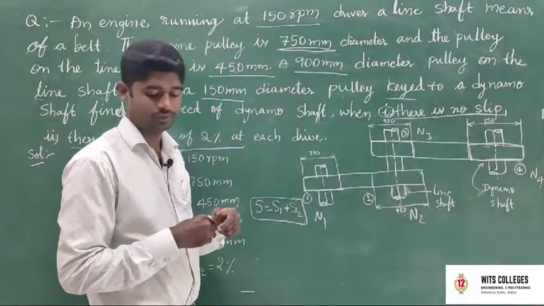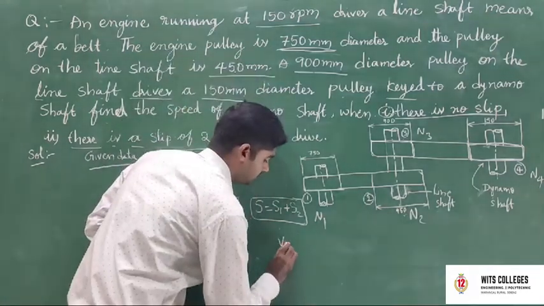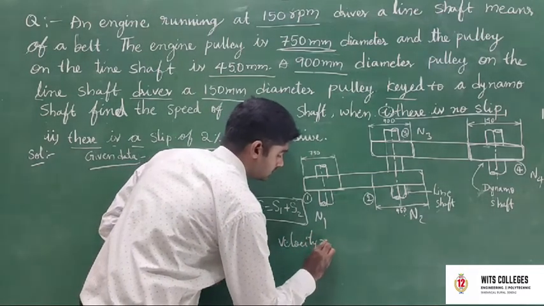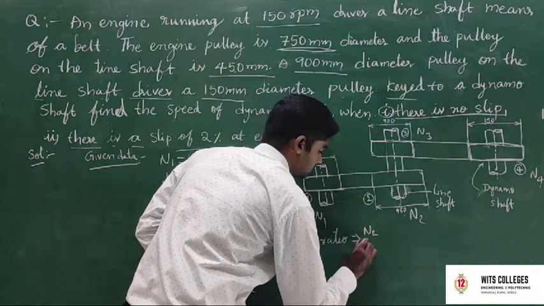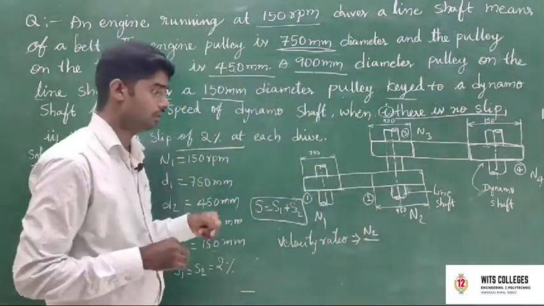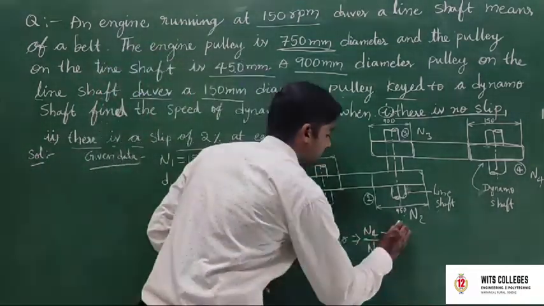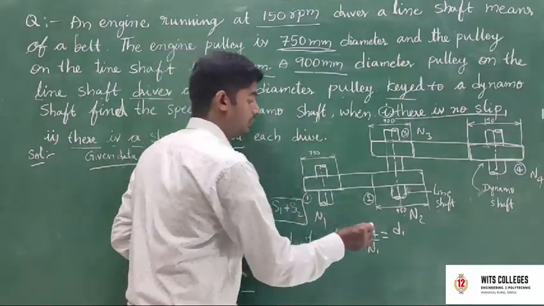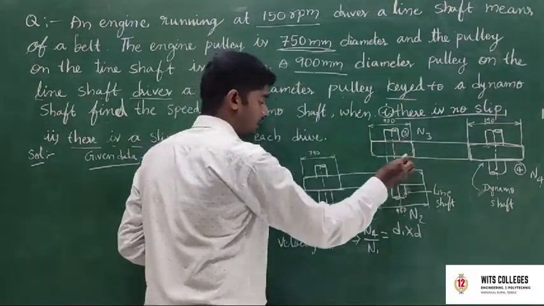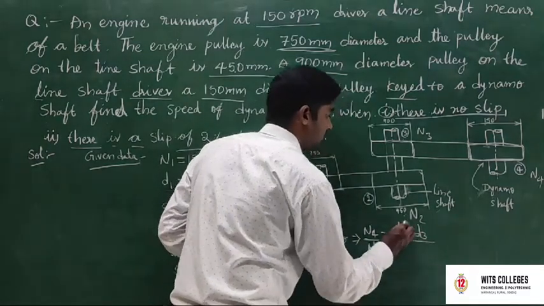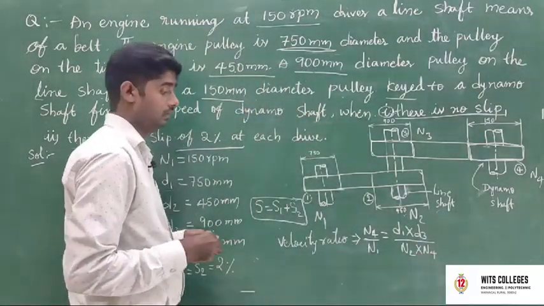Find out N4. In any compound drive, the velocity ratio formula is N4 by N1 is equal to D1 into D3 by D2 into D4. Here D1 and D3 are drivers and D2 and D4 are driven pulleys.